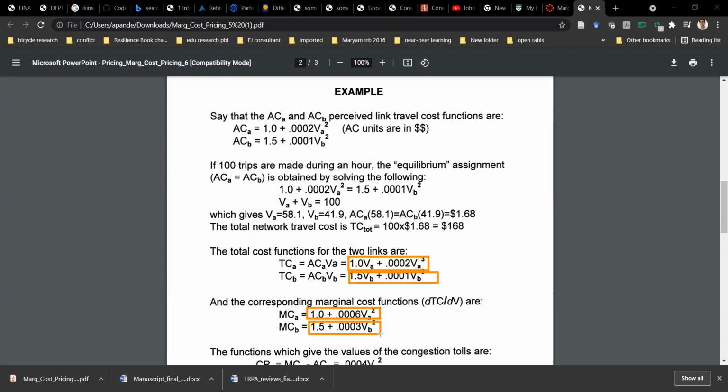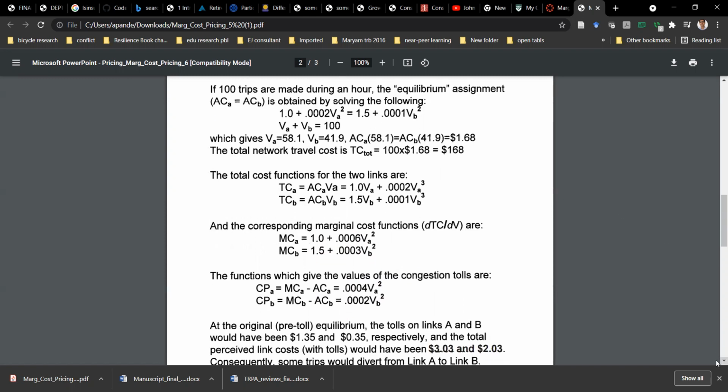Now what you want to have happen, and we already derived yesterday, is that if we somehow can charge the drivers a congestion price that's equal to the difference between MCA and ACA, if you charge the drivers these values of tolls, these tolls will help nudge the drivers to a situation where, as they try to minimize their perceived cost, they will be distributing themselves such that the marginal cost on both routes is equal.